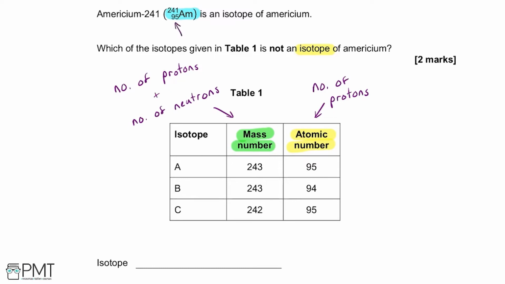Up here, we can see that americium has 95 protons, so all isotopes of americium, all atoms of americium, have 95 protons, an atomic number of 95. So looking down here, we can see that B does not have an atomic number of 95, whereas the other two isotopes do. And for that reason, the answer is B.